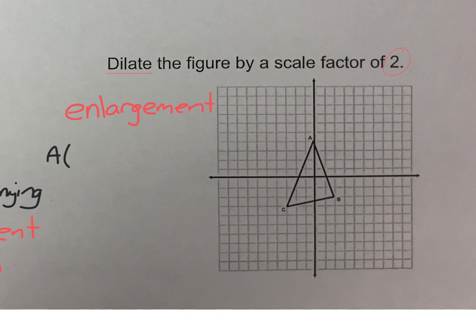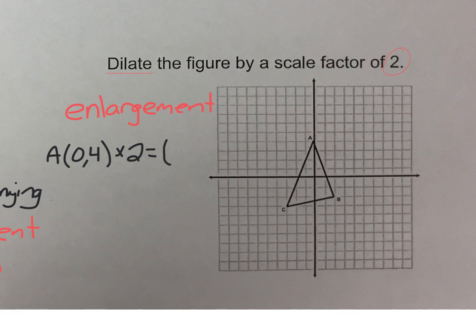So what are my coordinates for A? 0, 4. Now the scale factor is 2. We want to change that by 2. What operation do you think is going to happen? We're going to multiply by 2, because we're changing it by a scale factor of 2.